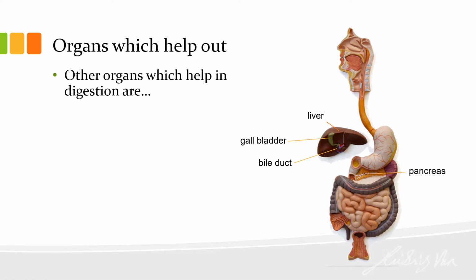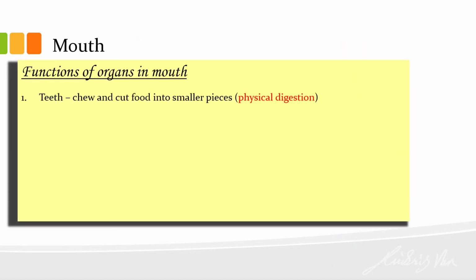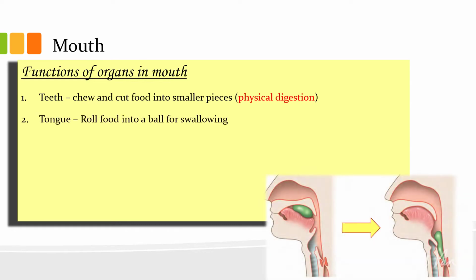So let us start our digestion journey in our mouth. In the mouth, of course, we have our teeth, and the function is to chew our food into smaller pieces. This is a form of physical digestion. Our tongue will roll the food into a ball for us to swallow it.